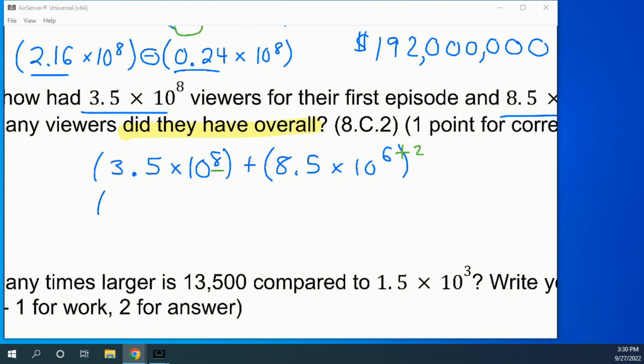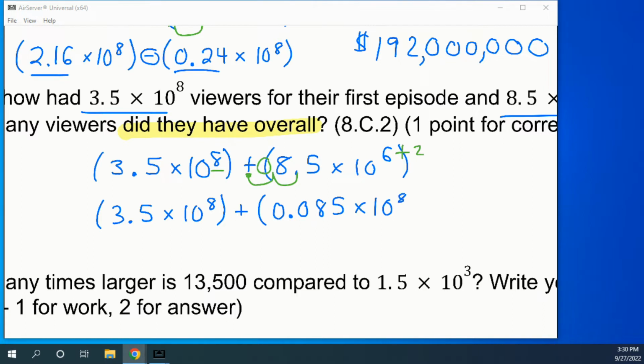So this is going to be 3.5 times 10 to the 8th plus, I have to do this. If I'm increasing by 2 on my exponent of 10, I have to decrease by 2 down here. So this will be 0.085 times 10 to the 8th, okay?